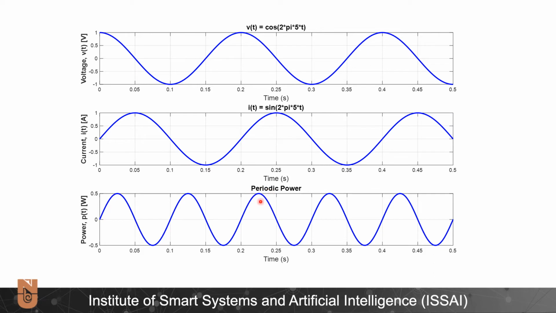When I found the instantaneous power by multiplying the corresponding v and i elements, I end up with a periodic waveform for the power as well. So basically, when I multiply the voltage and current, which are periodic waveforms, I end up with a periodic power.